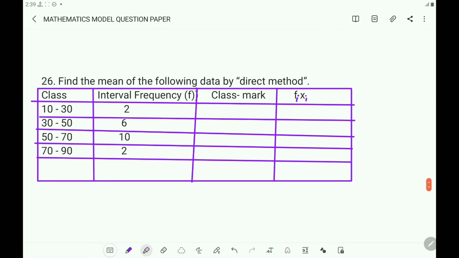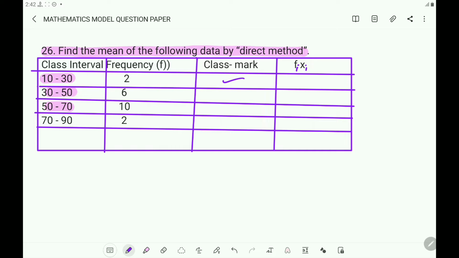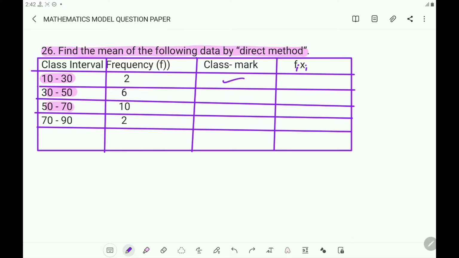You take classes in one column and the corresponding frequency in the other column. Next we have to find the class mark. How will you get the class mark? You know that the class mark can be found by taking the average of the lower limit and upper limit.